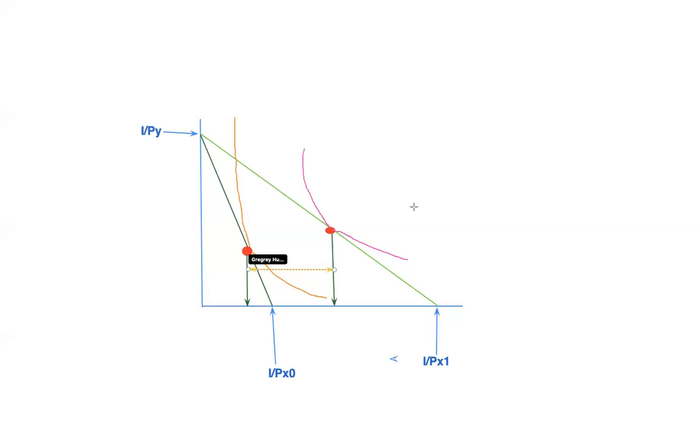You could have a price increase or a price decrease, and you have to interpret the diagram properly. Now, the decomposition is like the following. What we're trying to accomplish is we're trying to say, and I just want to draw a straight line here.